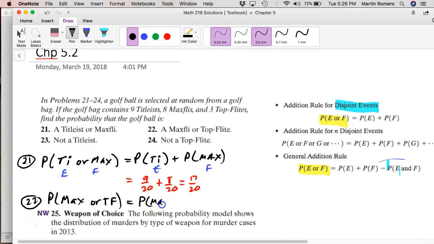So it's really just the probability of the Maxfli plus the probability of a Top Flite. Maxfli is 8 out of 20 plus Top Flite 3 out of 20, so you end up with 11 out of 20. And so there's our solution for 22.